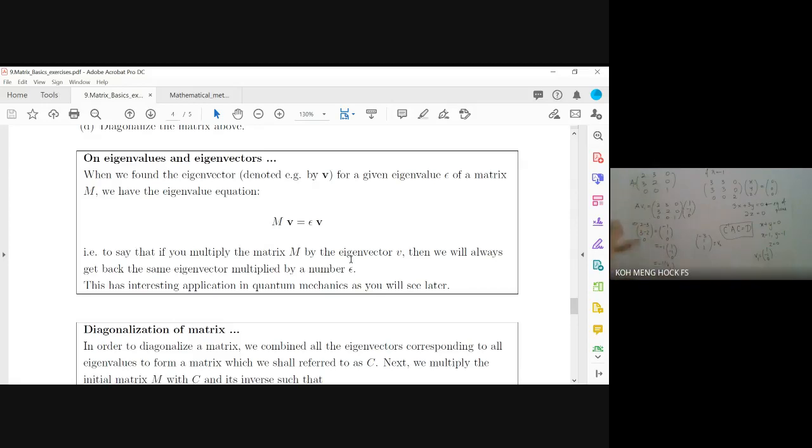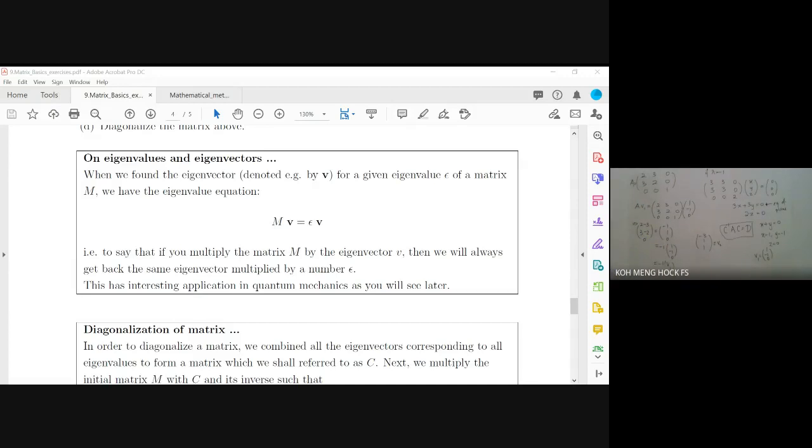Okay. So what I've done is I take a matrix representing the operator, in this case the operator A, times V1. So you will get back an eigenvalue of this eigenvector times the eigenvector. Okay, so this is my eigenvalue equation. If you repeat one more time, you will again get the same eigenvalue multiplied by the eigenvector. Okay, boleh semua.